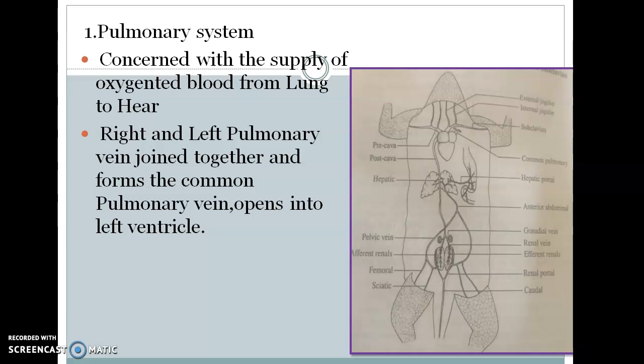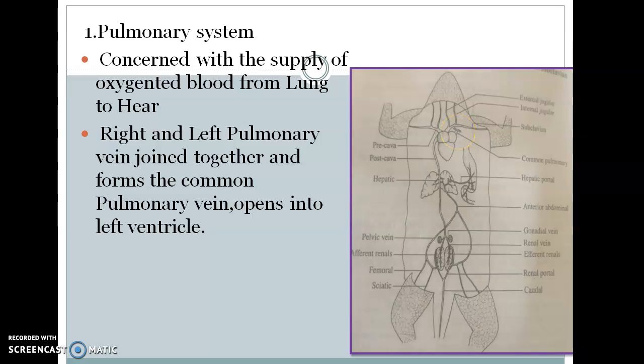After the oxygenation is over, the oxygenated blood enters the heart by means of other blood vessels called pulmonary veins. These pulmonary veins constitute the pulmonary system. It includes the right and left pulmonary veins.